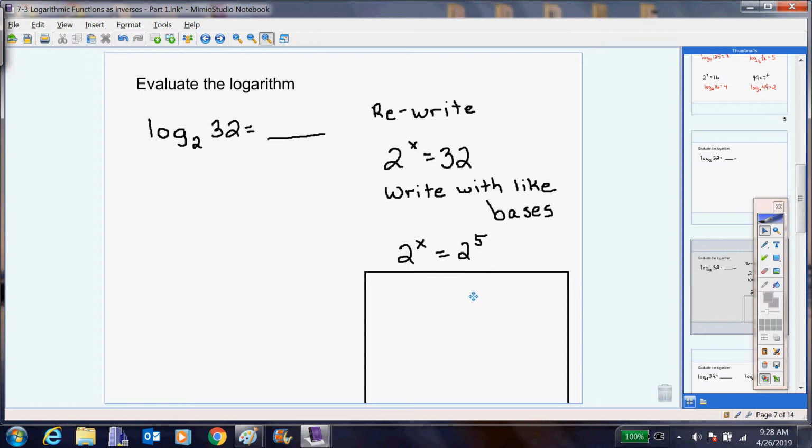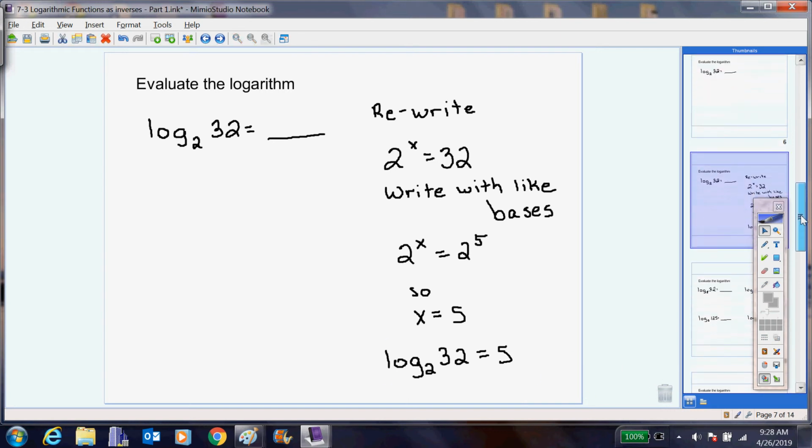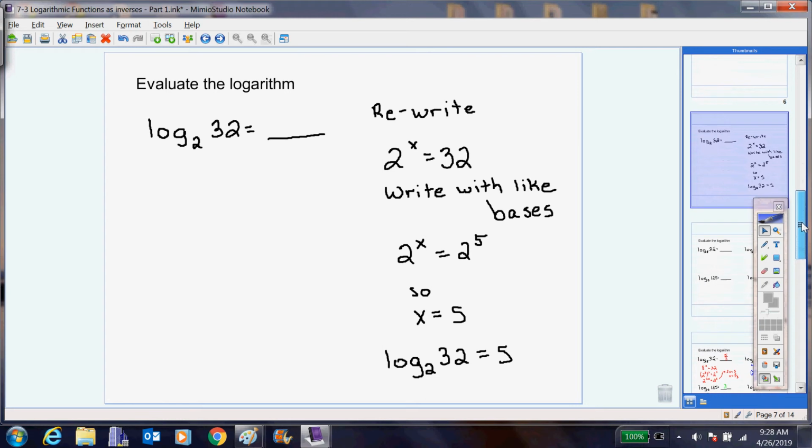Now, like I said, some of you are able to evaluate quickly, wait a minute, what number, 2 to what power, and figure it out this way. But this process is going to help you when it's not quite as easy as that, or maybe we'll end up with a fraction answer. But here's how our answer ends up being with this.